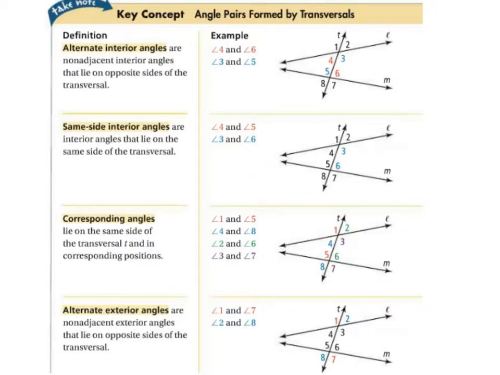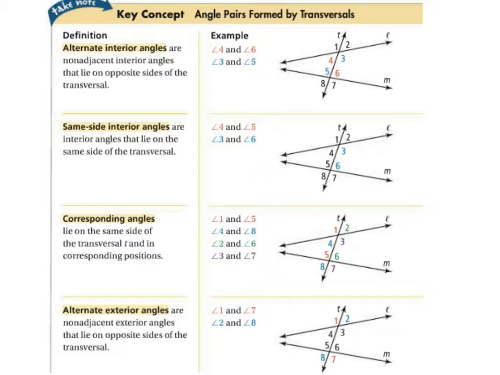All right, so the name kind of says it all. Let's look through these. Alternate interior angles. Okay, interior, so it's going to be those inside ones, the red and blue ones, and I'm on alternate. So that's why they're made the same color here. 4 and 6, those are alternate interior angles. 3 and 5 are alternate interior angles.